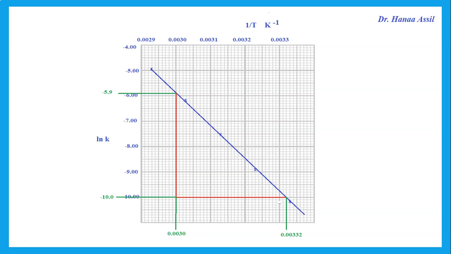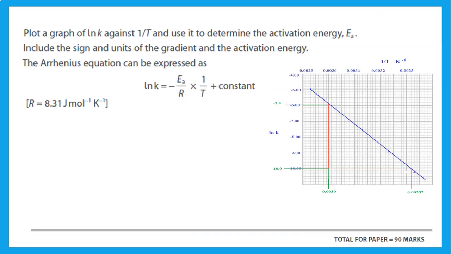Then the question says we want to get the activation energy. And to get the activation energy, this is the graph that we drew. The question was: plot a graph of ln k versus 1/T and use it to determine the activation energy. Include sign and units of the gradient and activation energy. And we use the Arrhenius equation.